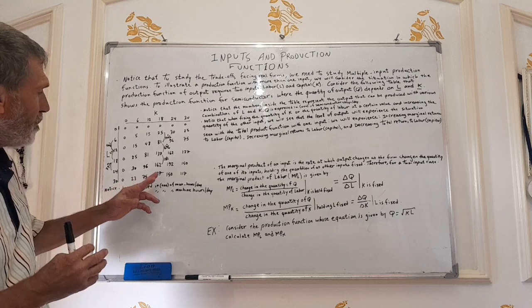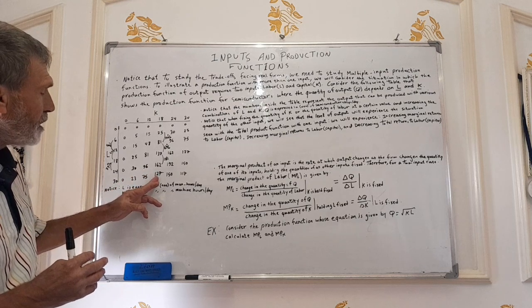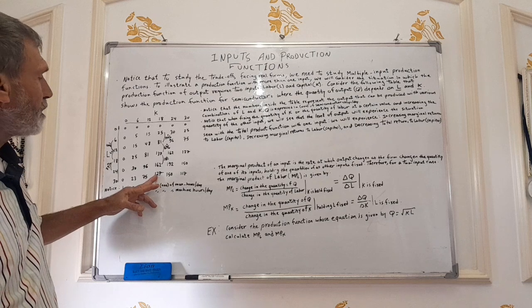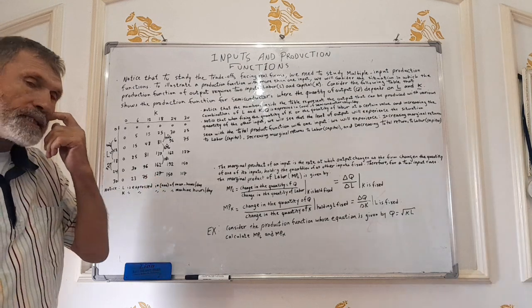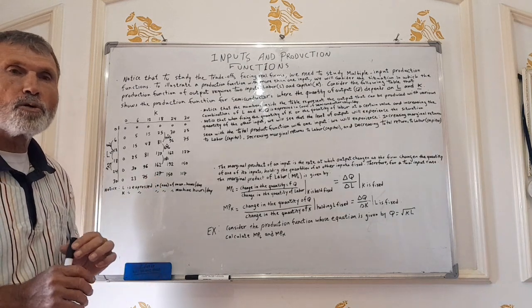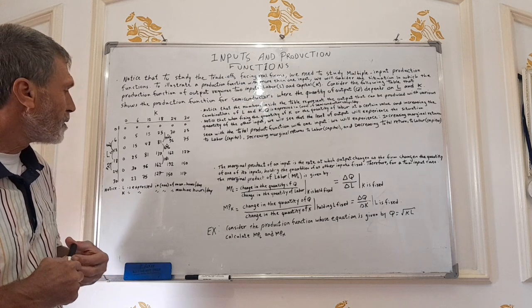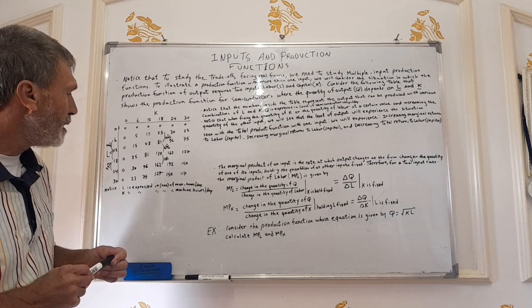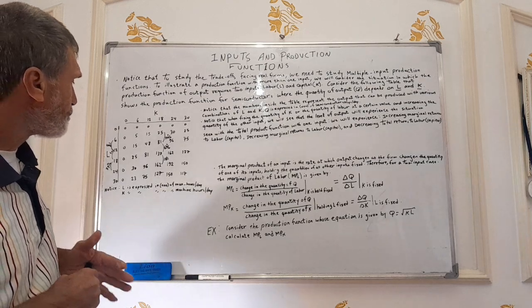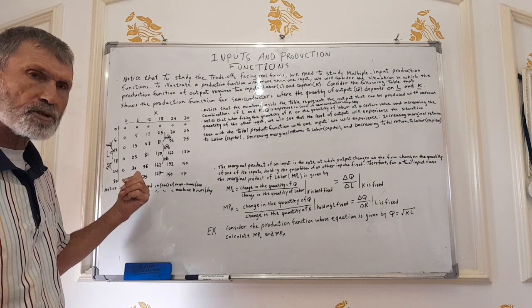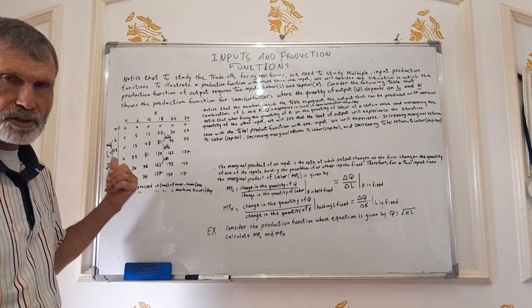So now we have the decreasing total returns to labor, which represents the region whose output decreases with additional labor. Of course, we are going to use this later on to study isoquants.